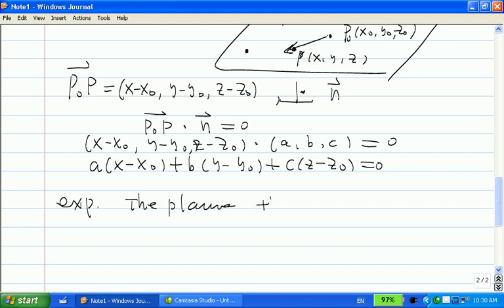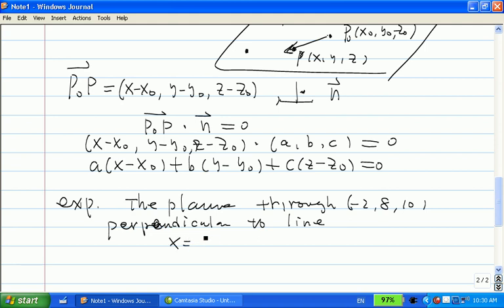This plane goes through the point -2, 8, and 10, perpendicular to the line x equals 1 plus t, y equals 2t, z equals 4 minus 3t.